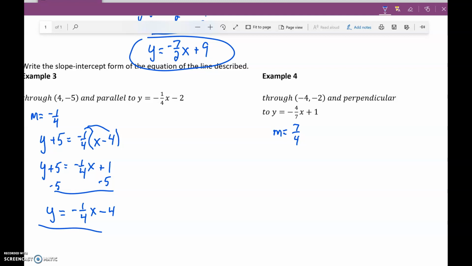Passing through that point, so we're going to start with point slope again. Y minus the y coordinate, so that turns into plus 2, equals 7/4 times x minus the x coordinate, that turns into plus 4 then. Distribute.